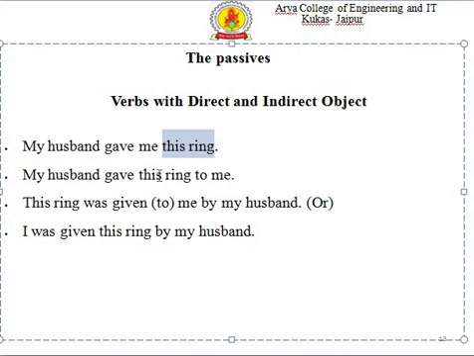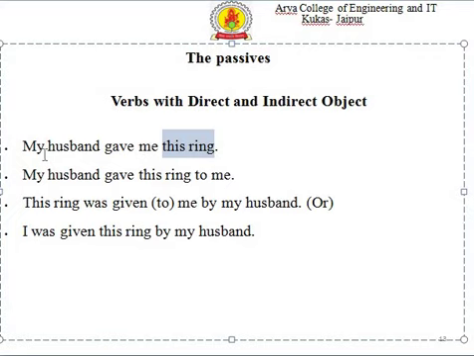So: my husband gave this ring. We would like to begin with this ring. This ring was given to me by my husband, or I was given this ring by my husband. My husband gave this ring to me.